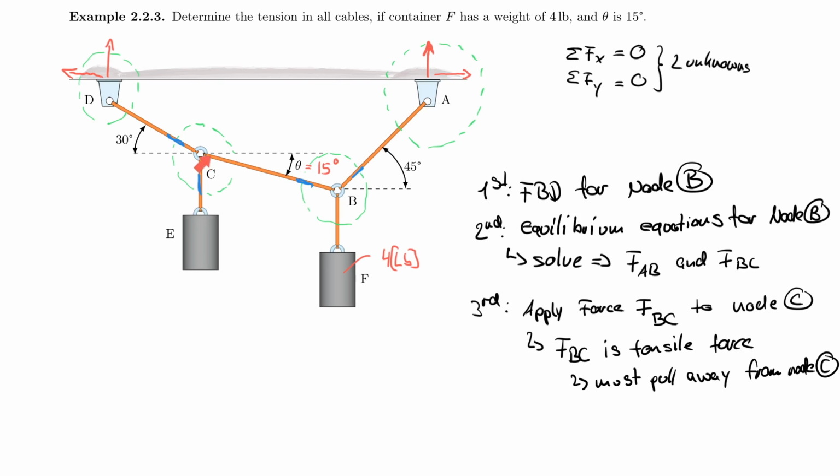But that is incorrect because remember that we're talking about tension and we cut the system. So if I draw that in here, you will see that here I have tension because I cut there. And of course, tension cannot change to compression just because you move to a different node. So up here at node C, there must also be tension. And now you may ask yourself, how is that possible? There are two arrows pointing towards each other. But keep in mind that you actually did a cut here and you did a cut here.